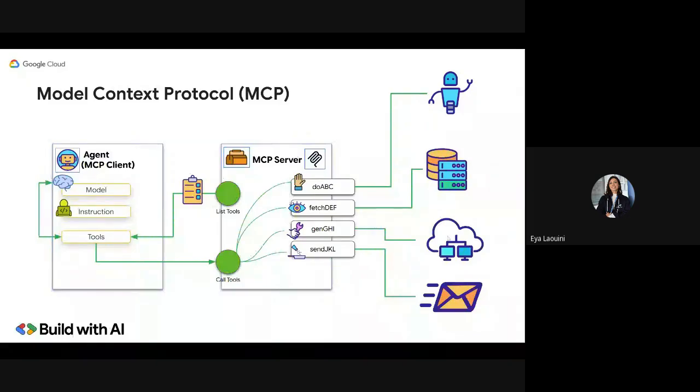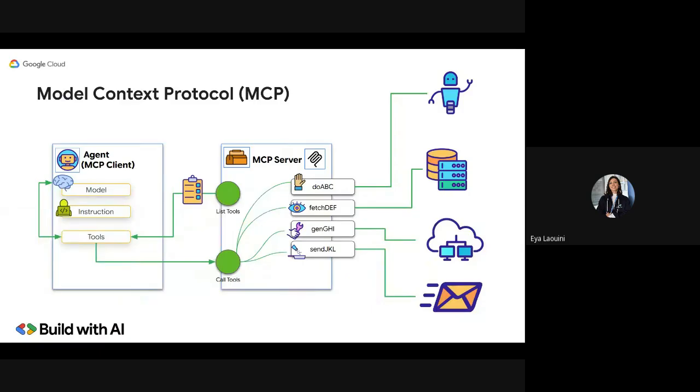For example, in this schema, which is an example, we have a list of tools. For those tools, we have, for example, tools related to sending messages, a tool related to executing things on clouds, a tool related to fetching data, and a tool related to calling some tasks, etc. So here, the MCP is the protocol that enables the agents to connect to those external tools.